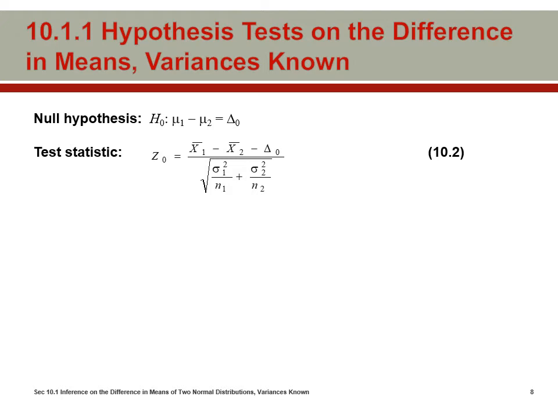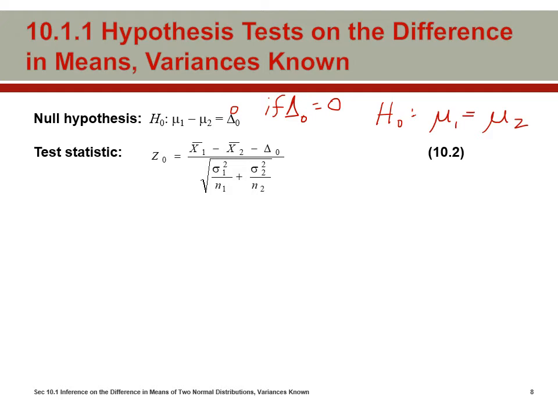If delta naught, the difference between the two, is equal to 0, then we could also write this by adding mu2 to both sides, and we get an H naught that is mu1 equals mu2. And that's the way we typically see this written. It could also be written where you subtract mu2 from both sides and you're left with 0.